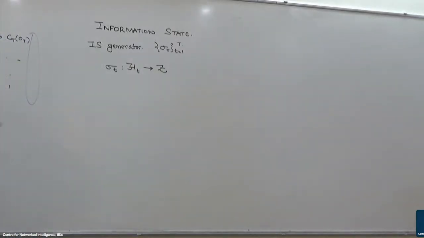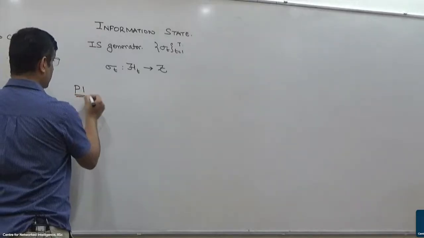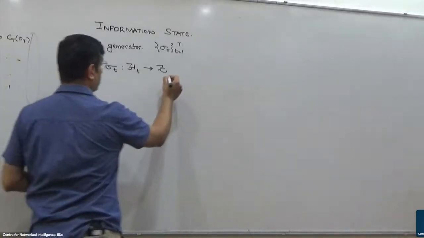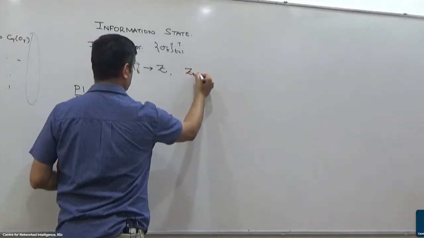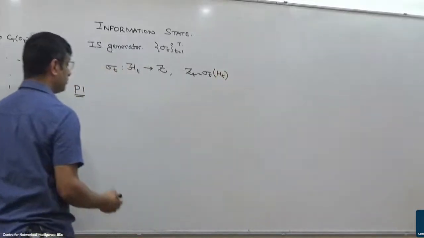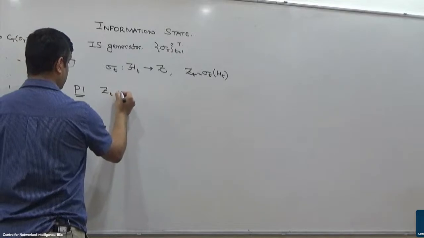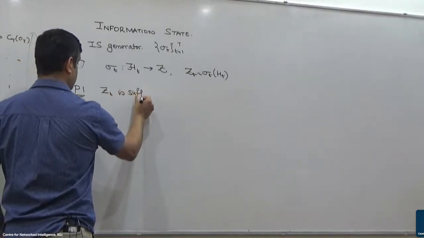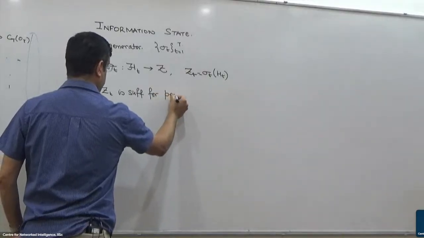Now, it is called an information state generator if two properties are true. Property P1 is that I am going to define Zt to be what I get when I compress the history at time t, and Zt is sufficient for performance evaluation.